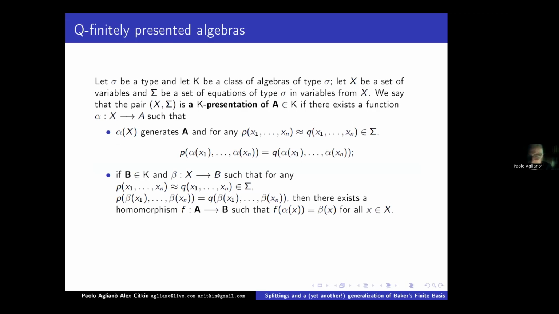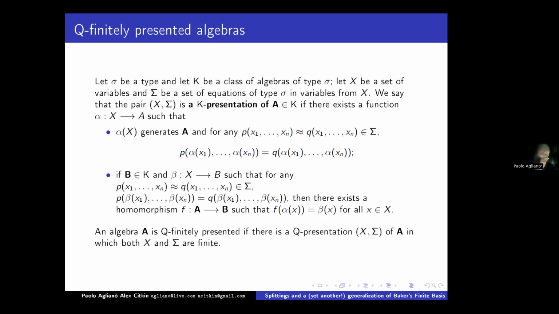Here I have a very technical definition, but I don't want to read this stuff. It's really there just to show that I've done my homework. But the bottom line is that, through the technical definition, I can prove that a Q finitely presented algebra is exactly what it should be.